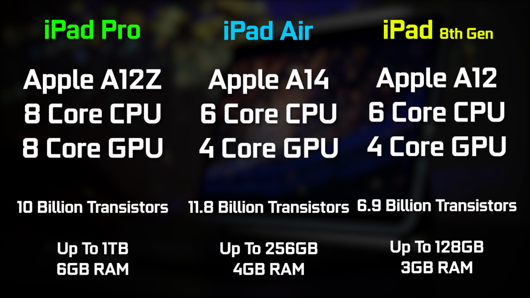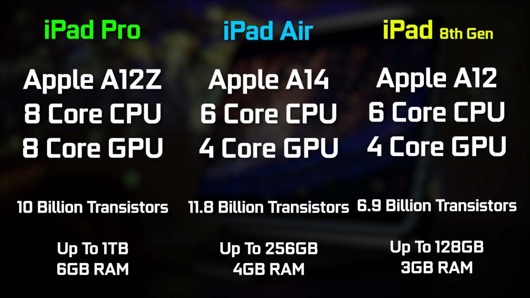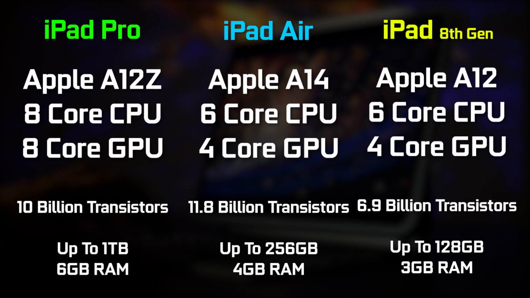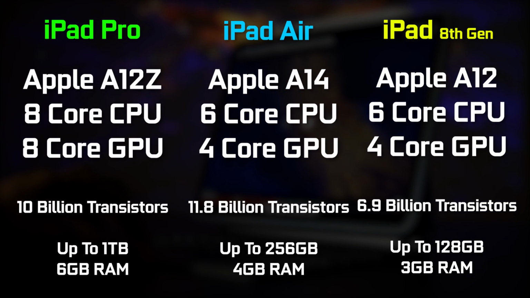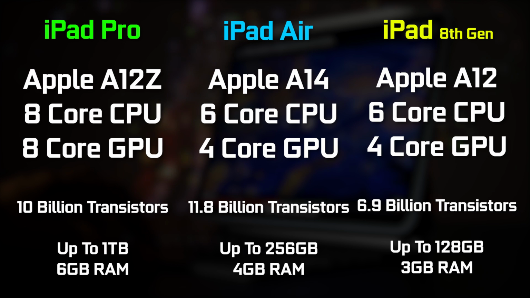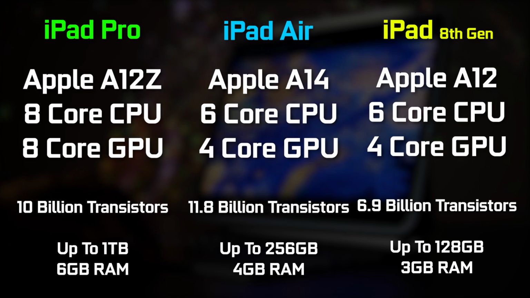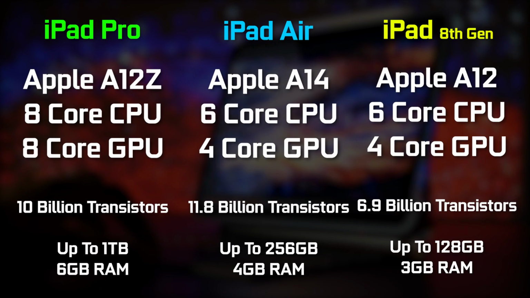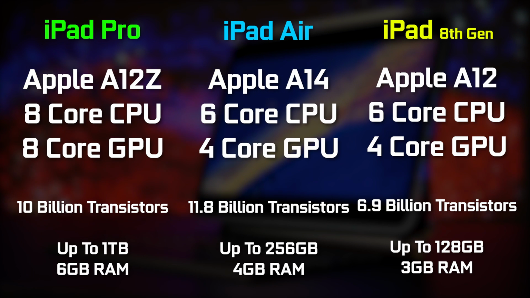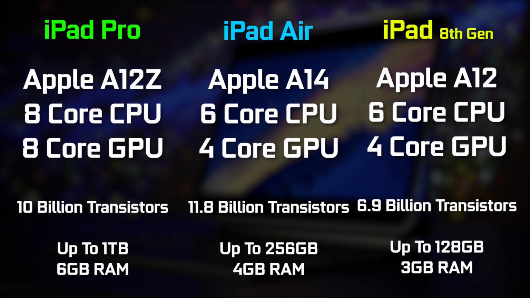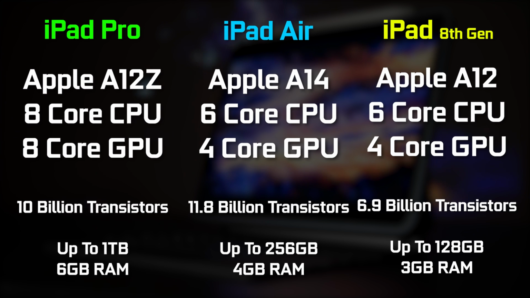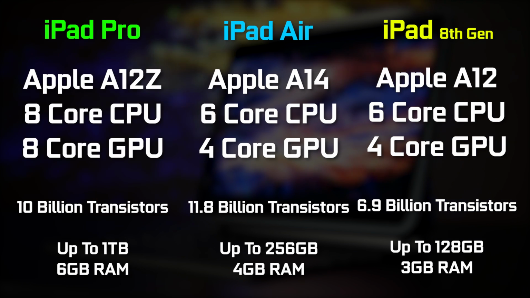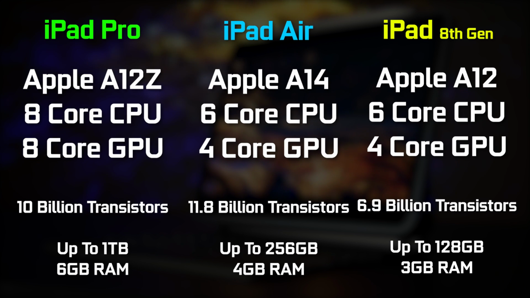The Air is using the same SiP found on the iPhone 12s, which is the A14, 6-core CPU with 4-core GPU, and the standard iPad is using the previous generation A12 Bionic, which also has a 6-core CPU and a 4-core GPU, but the core frequencies are slower than the new generation CPU, as well as the level of transistors. On the A14 they are quite astonishing, 11.8 billion versus 6.9 billion on the A12.